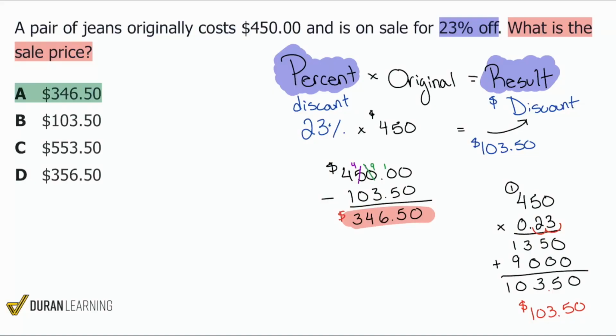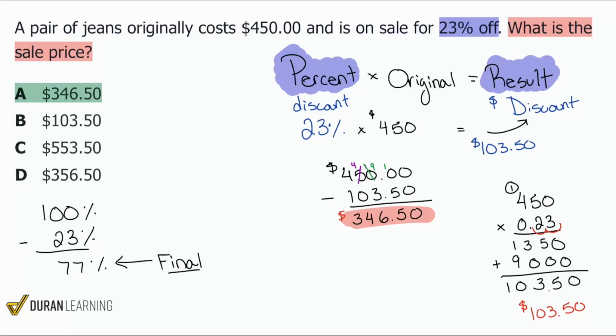Everyone, when we discount 23%, that's subtracting. But what percentage are we subtracting from? From the original amount. What percent represents the original? Yeah, 100. 100%, that's the original. We'll subtract 23%, and that is 77%. This is the percent that represents the final cost. And guess what?